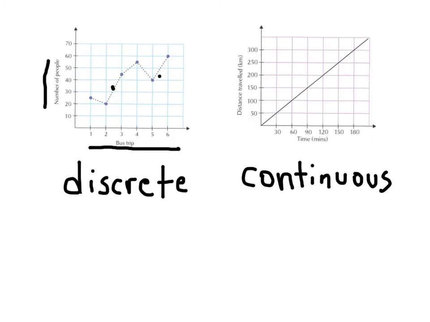So if I wanted to know what distance was traveled after 100 minutes, I could find 100 minutes and then go across and find a corresponding value for the 100 minutes. Okay, so every point along this graph has meaning.